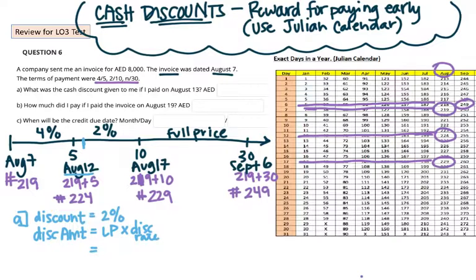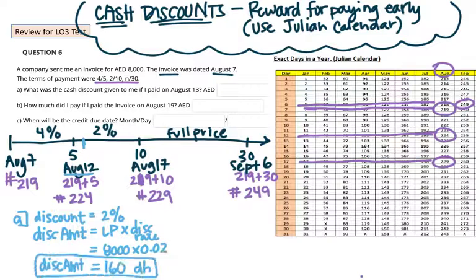So in this case, the list price was 8,000. The discount rate is 2%. So if I pay on August 13 and get 2% off, then instead of paying the 8,000 dirhams full price, I'll be able to take off 160 dirhams as a discount amount if I pay that amount early.